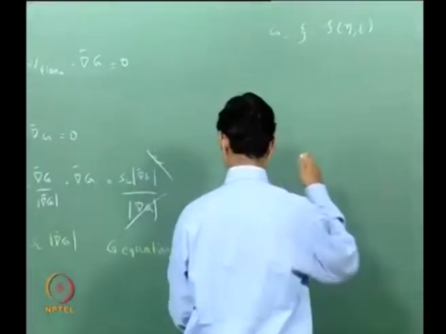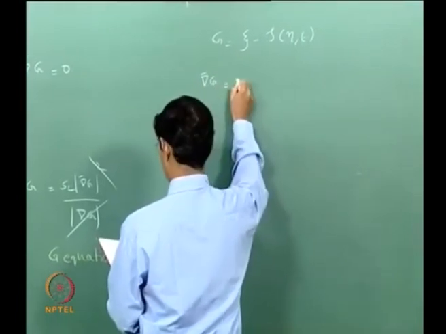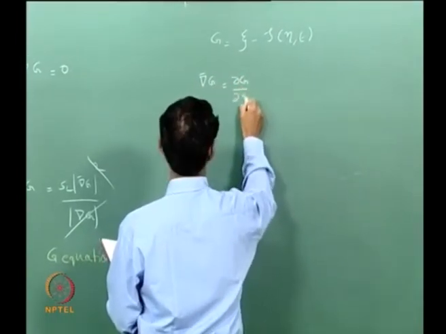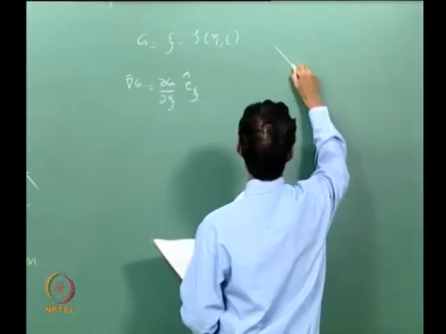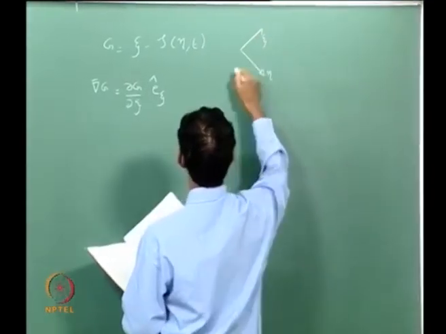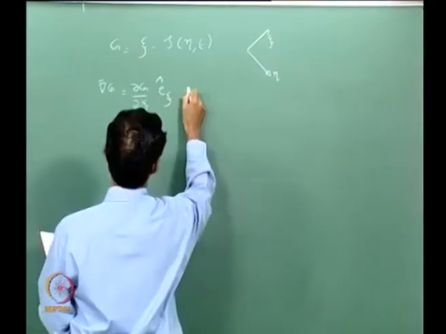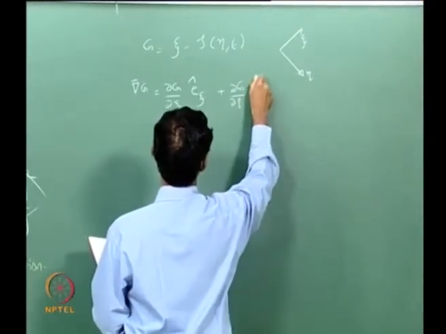So that is very easy. Del G equal to, remember our coordinate system, so this is eta and this is psi, plus partial G by partial eta into E eta.